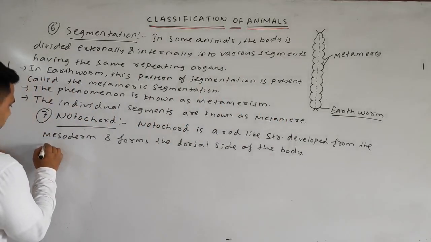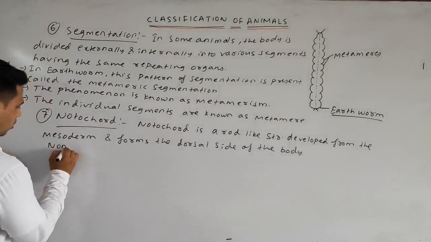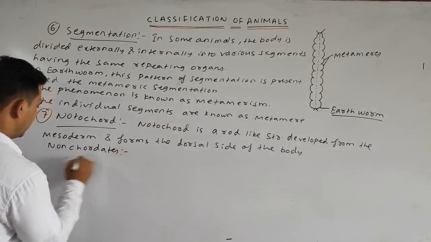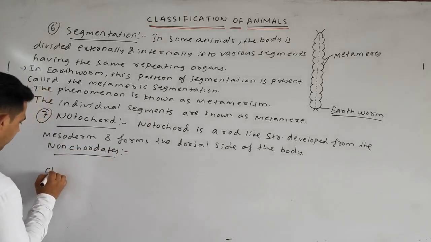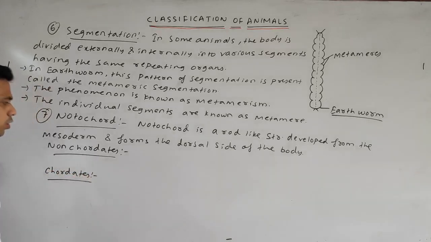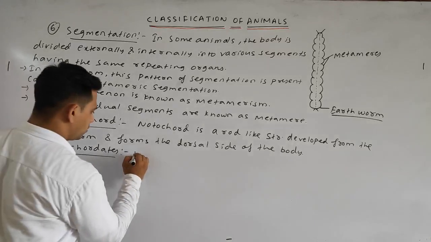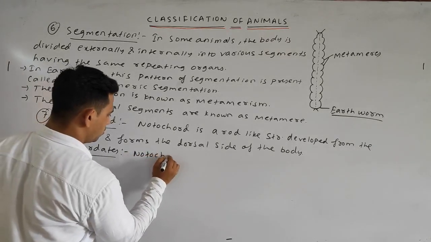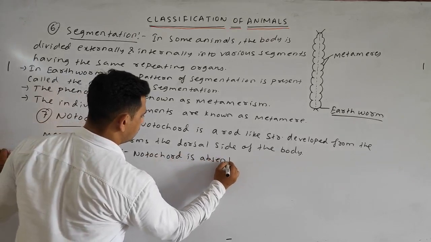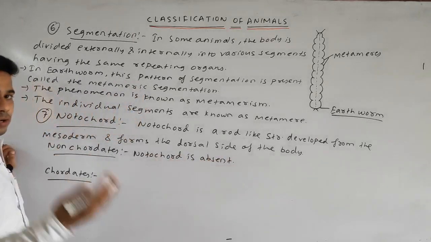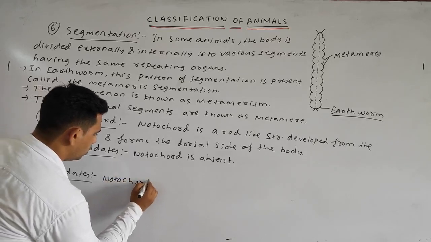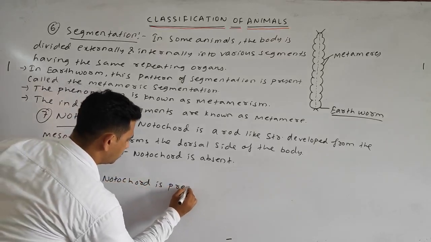We can write there are two types, non-chordates and chordates. Students, in the non-chordates, notochord is absent. Chordates means, students, notochord is present.